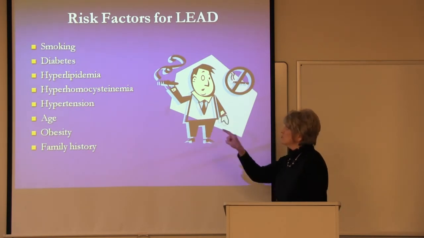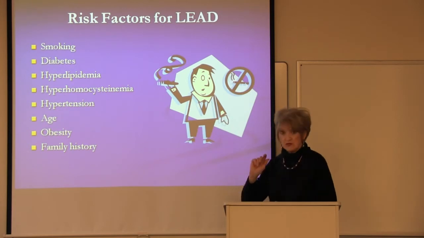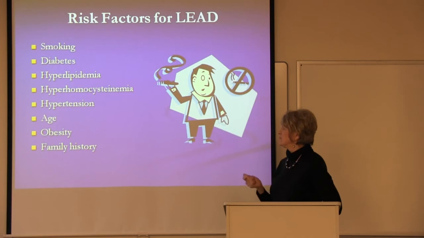Now, all of those are potentially reversible. Hopefully we can get our patients to stop smoking. Hopefully we can improve diabetes control, get their lipids under control, treat hyperhomocystinemia, treat hypertension. Age, not a reversible factor, but a significant risk factor.